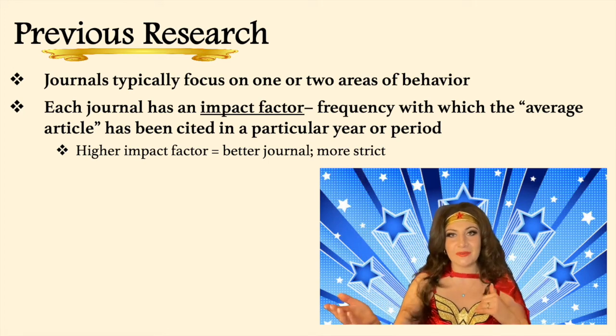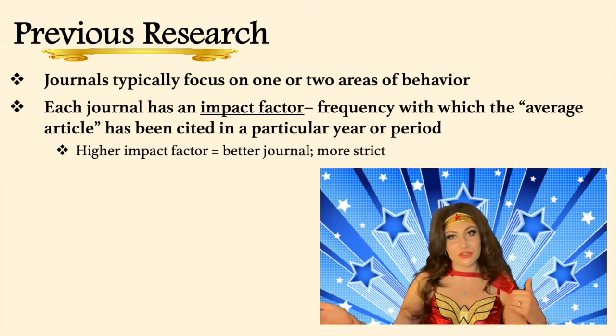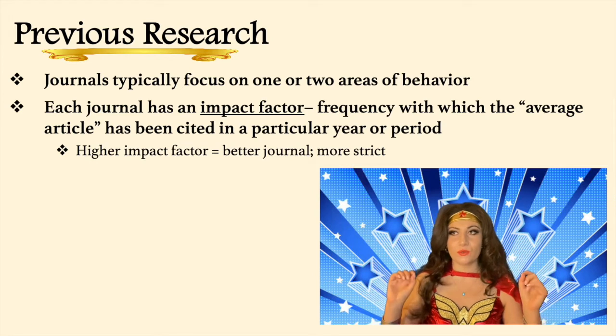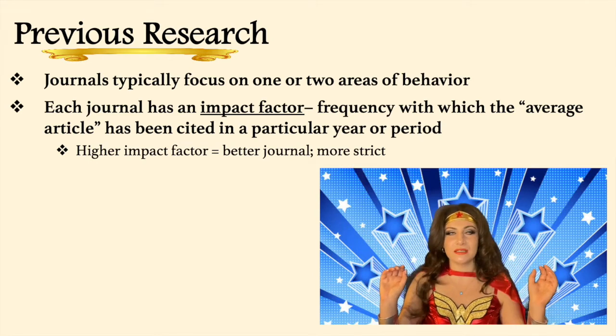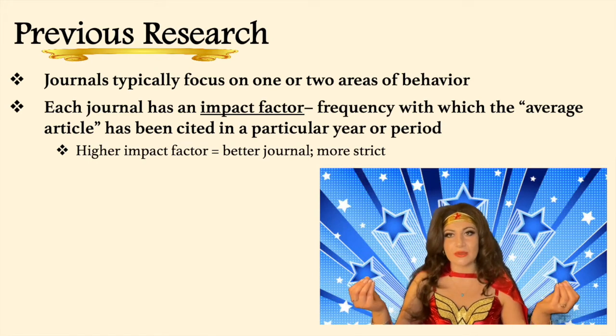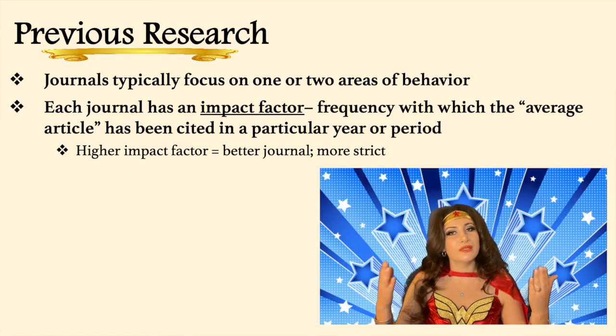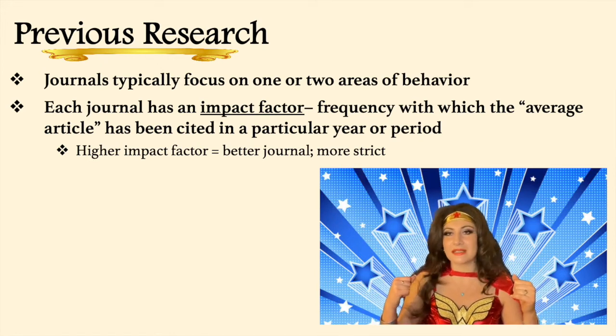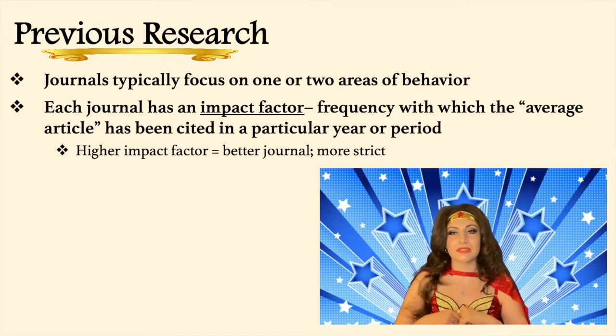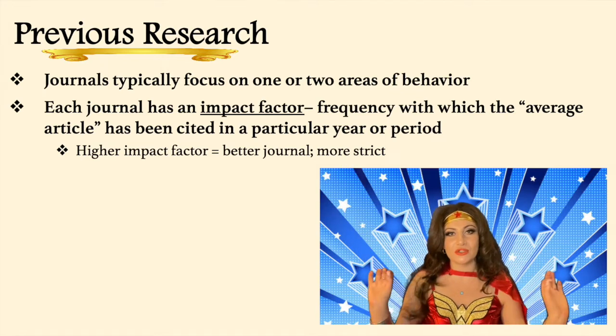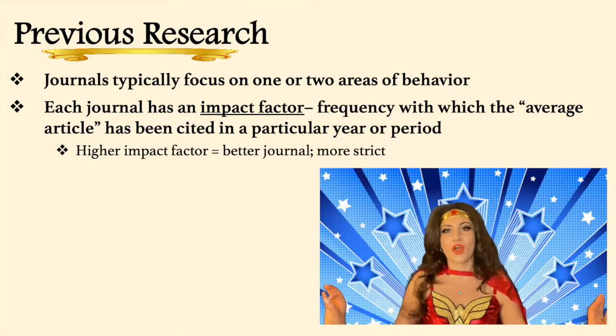Naturally, the higher the impact factor, the better the journal. Also, impact factors show us how strict a particular journal is. When we say that a journal is strict, it means that it's very competitive and it's hard for you to get published in that particular journal because they choose the creme de la creme of research, right?